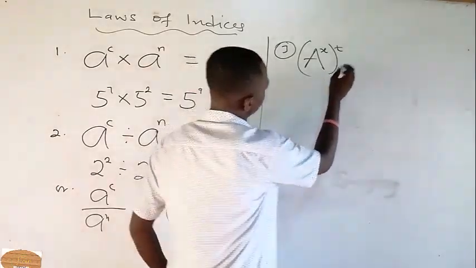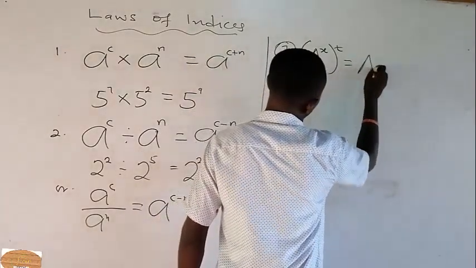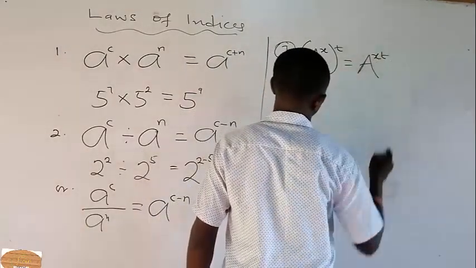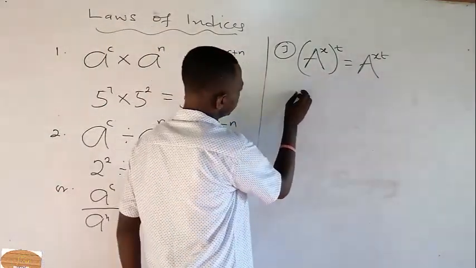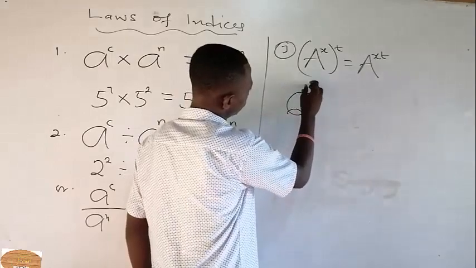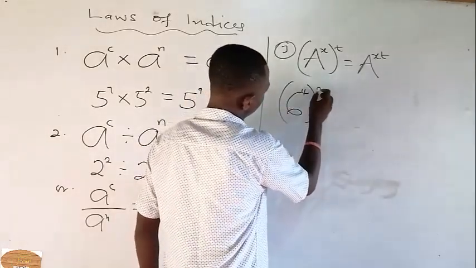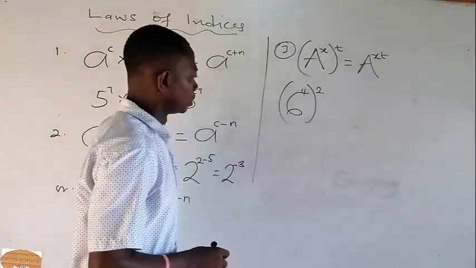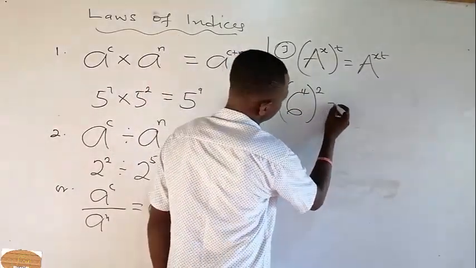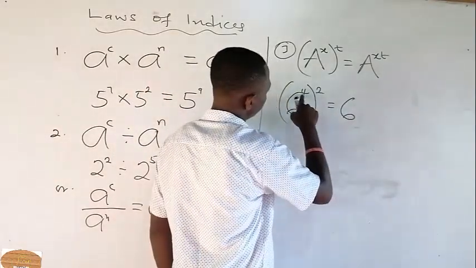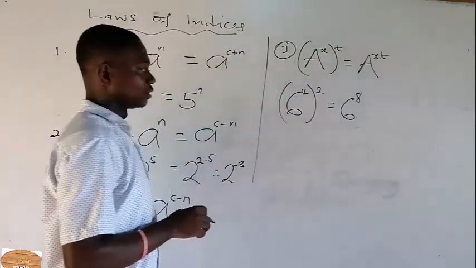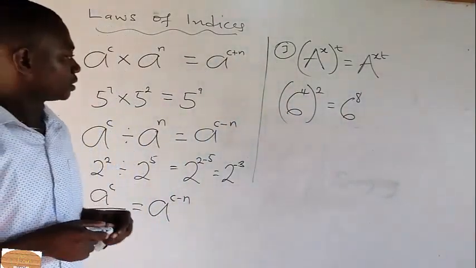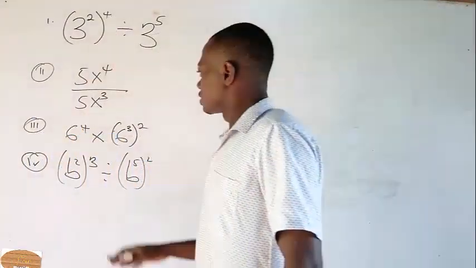So this one is the same as a to the power st. Alright, in case of using 6 to the power 4, then I have the whole to the power 2. This one is the same as 6, then multiply 4 times 2, which is 8. Alright, so that is that. Now let's consider this example.